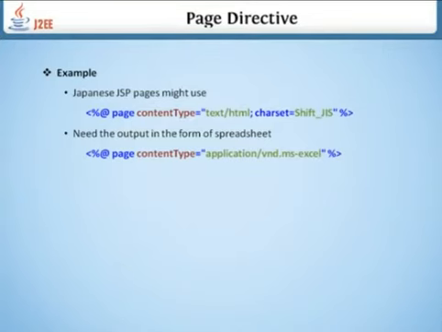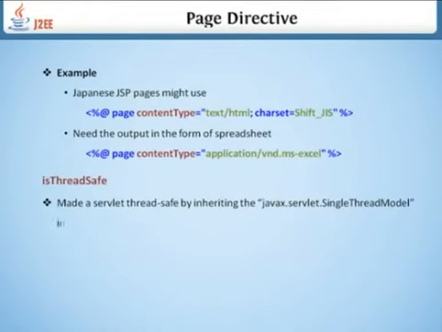Is thread safe? This attribute makes a servlet thread safe by inheriting the javax.servlet.SingleThreadModel interface. The default value is true, meaning the JSP is thread safe and concurrent access to the page is thread safe.